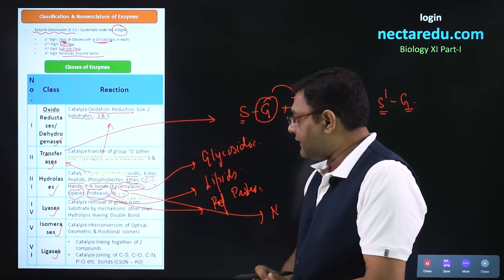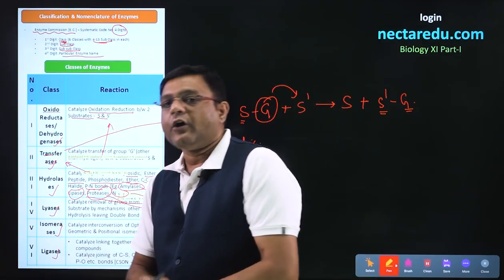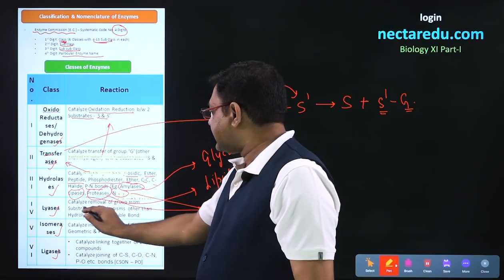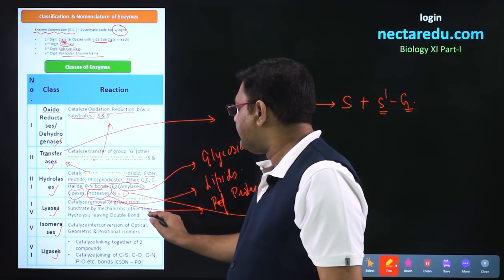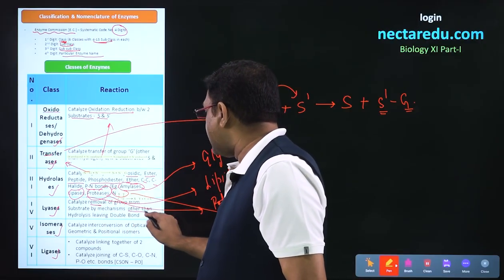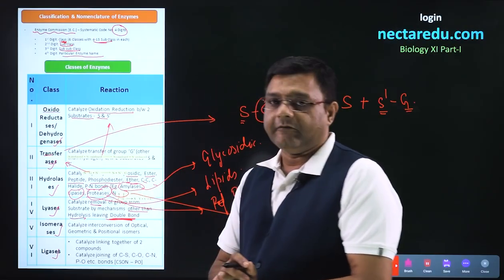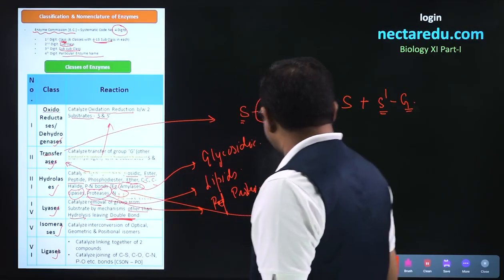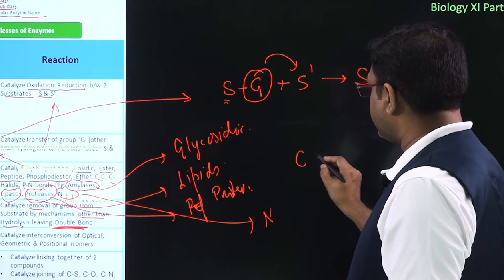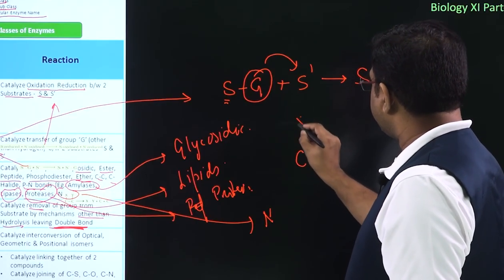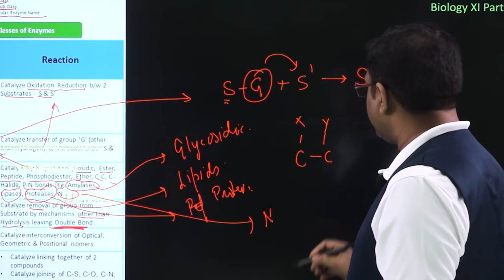Moving to the fourth class, that is lyases. Lyases always catalyze removal of a group by mechanisms other than hydrolysis, and this will always leave a double bond. If we see the reaction over here, this is a compound which has X and Y groups.